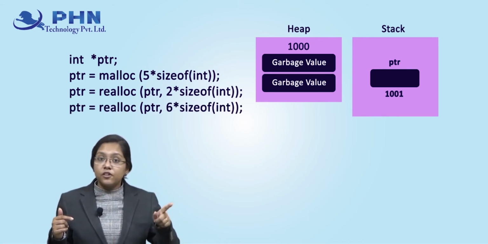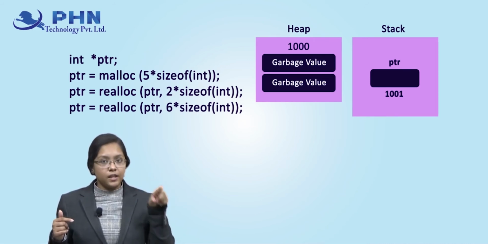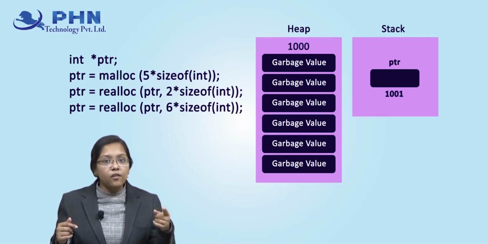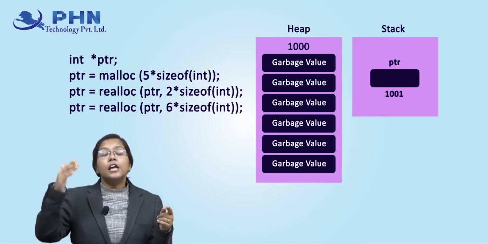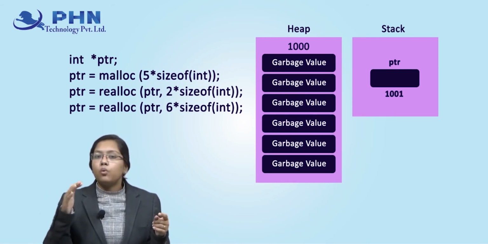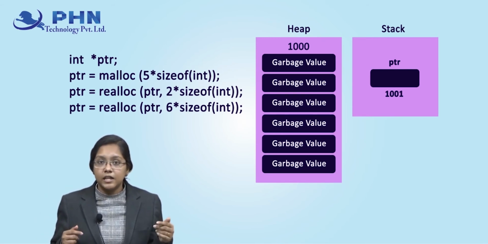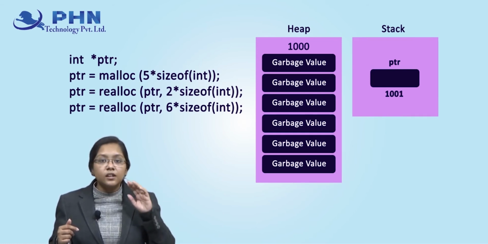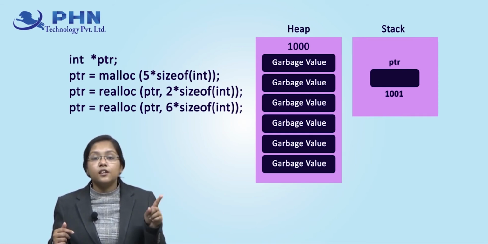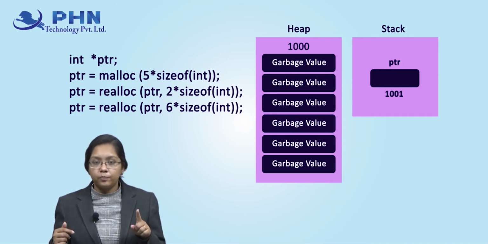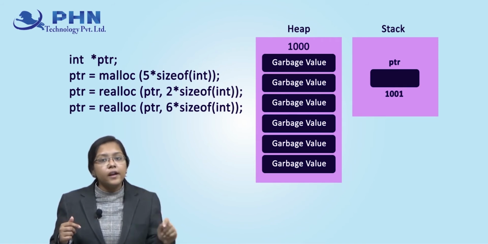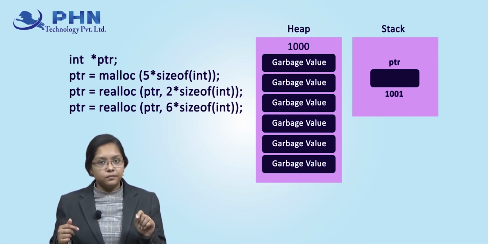Likewise, whatever value I have given in the realloc function, it will read that value and increase the memory accordingly. So from the second and third statements I can see that this realloc function is doing nothing but resizing the heap memory. It is helping me to resize the already allocated memory.